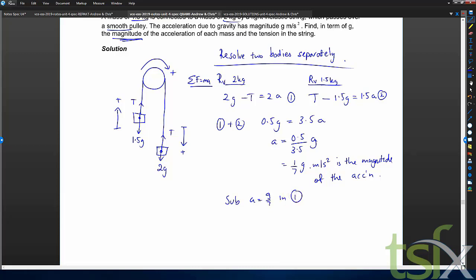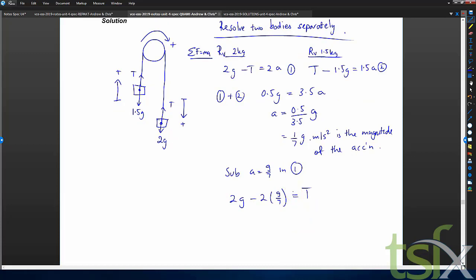Maybe we'll rearrange it, so we get 2G minus 2A, which is G on 7, equals T. And therefore T equals, common denominator is 7, so 7 times 2 is 14G minus 2G, which is 12G on 7 newtons. Put a little box around it. You might like to say it is the tension.